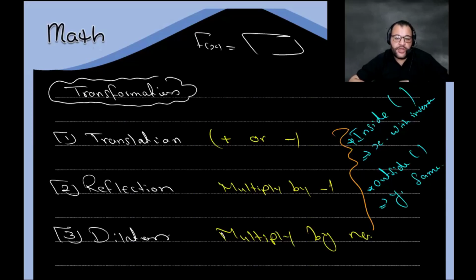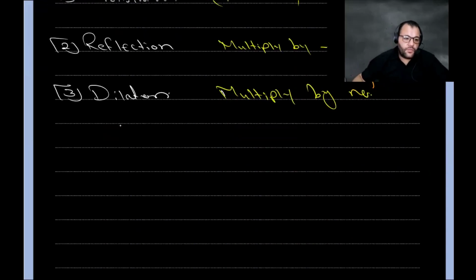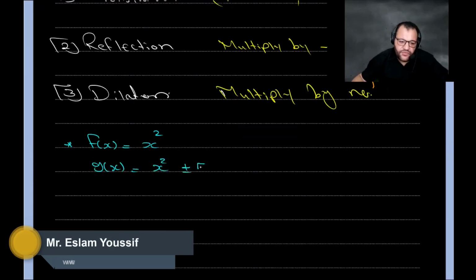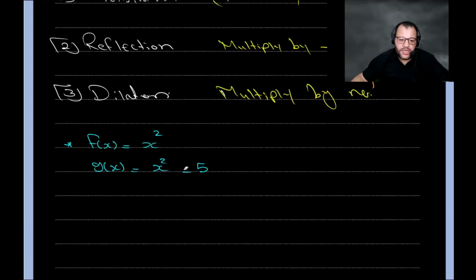Again, for any parent function. You remember the parent functions that we have? Suppose for the quadratic function, f of x equals x squared. If you find the new function g of x becomes x squared plus or minus any number, like plus or minus 5, you will not find plus and minus in the same equation.